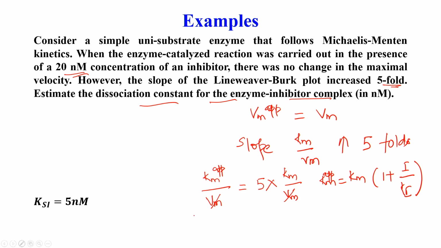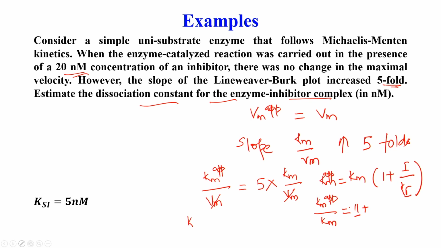So, if you put here, this becomes Km apparent upon Km equals 1 plus I upon Ki.